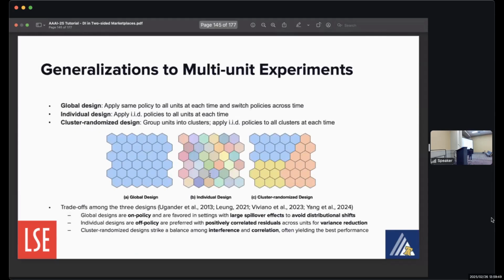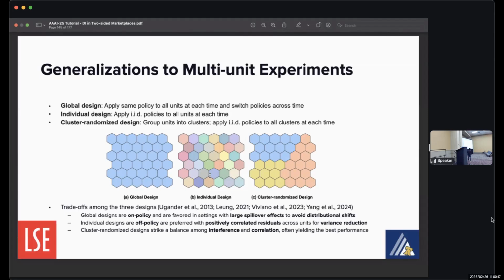Okay, so far we have talked about time series experiments where there's only a single unit in the experiment and the treatments are sequentially assigned to this unit. But if you consider the ride-sharing example, there are also multi-unit experiments which involve multiple subjects, like passengers in the experiment.